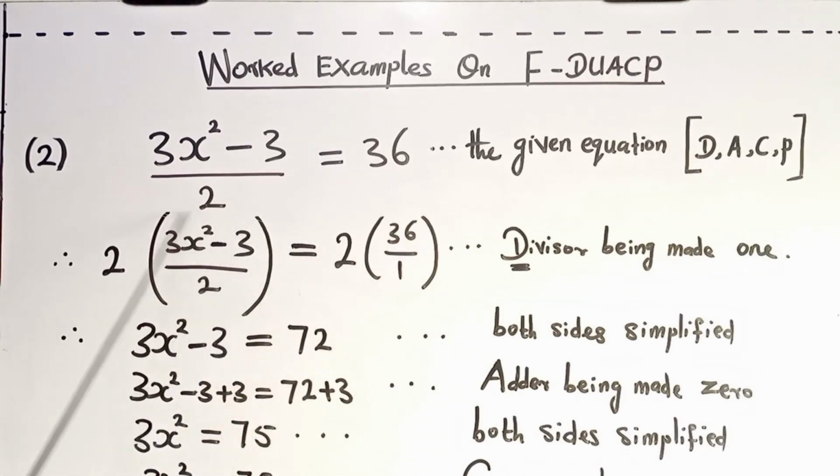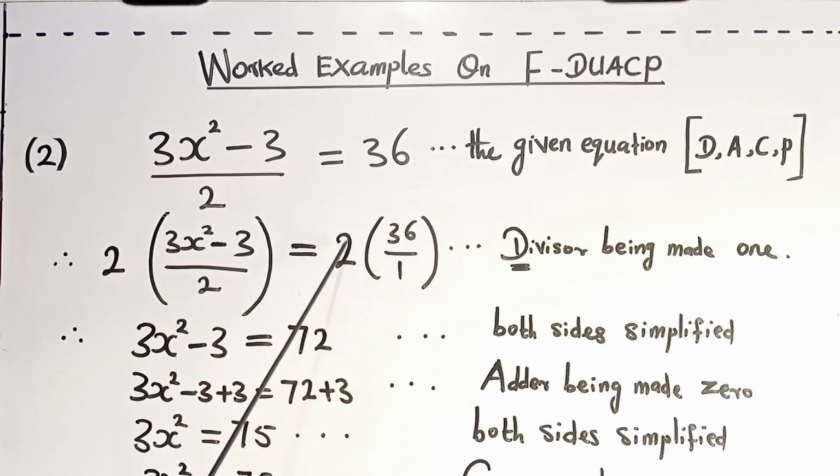Now, if you simplify this side, what do you get? We say, when this divides this, the answer is 1. 1 times 3x to the power 2 minus 3 is 3x to the power 2 minus 3. So this simplifies to become this, equal to, still equal to. Simplify this one.